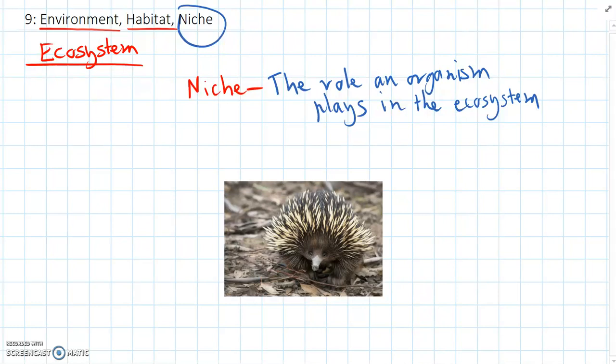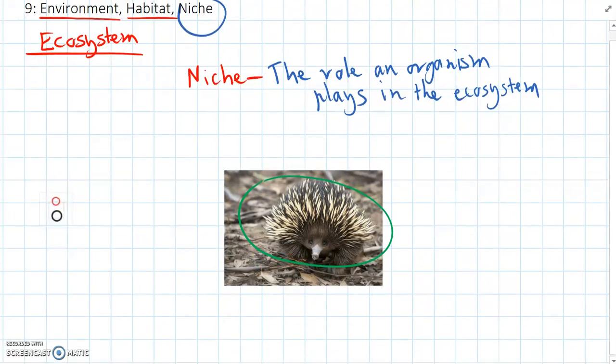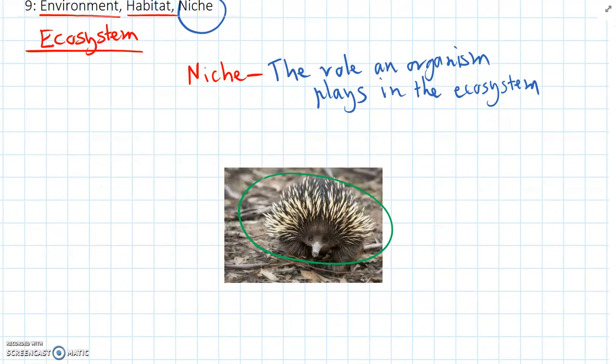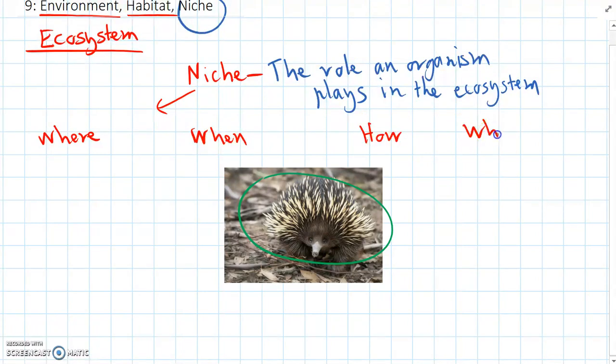And the animal that we'll look at here is the echidna, to talk about what its niche is as it's living. So firstly, the niche involves talking about where that species lives, when, how, and what.